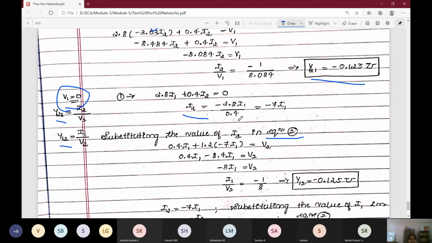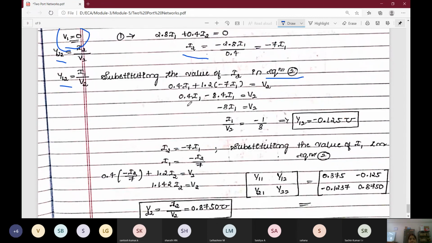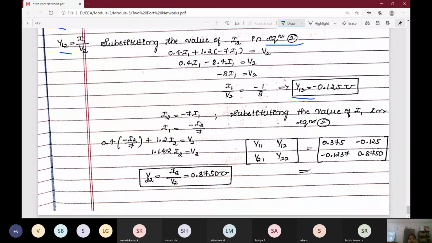So that is done here. 0.4 I1 minus 8.4 I1 is equal to V2. So we'll get I1 by V2, which is Y12. That is the first one. For Y22, just inverse it, put I1 in terms of I2, and substitute here. We'll get Y22. So all four parameters you should put in a bracket and substitute here.